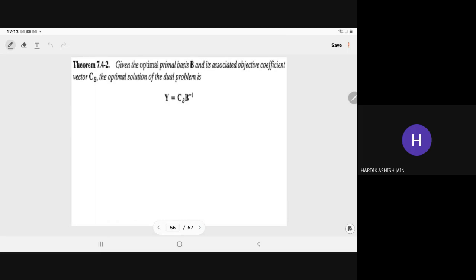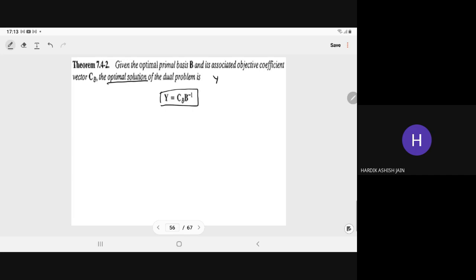Now theorem 7.4.2: given the optimal primal basis B and its associated objective coefficient CB, the optimal solution of the dual problem is y = CB B inverse. So they are saying that y = CB B inverse will be the answer, that is, y is the optimal solution.